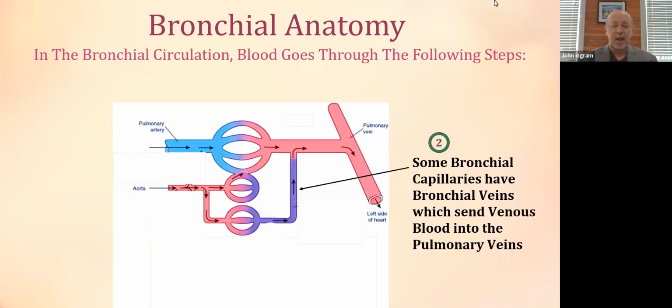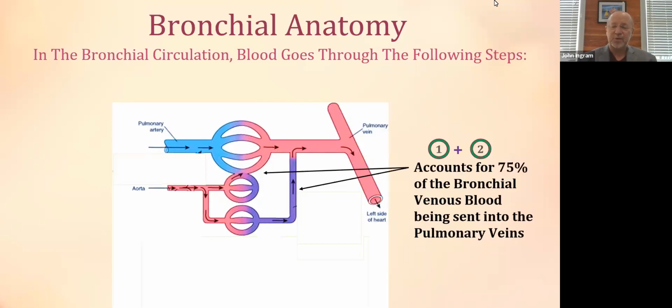A second thing that happens is some of these bronchial capillaries don't fuse with the alveolar capillaries. They have their own venous drainage that connects directly into the pulmonary veins. So we have a second section of bronchial capillaries emptying their venous blood into the oxygenated blood in the pulmonary veins going back to the left atrium.